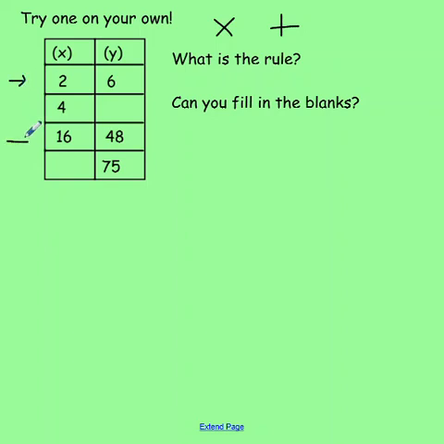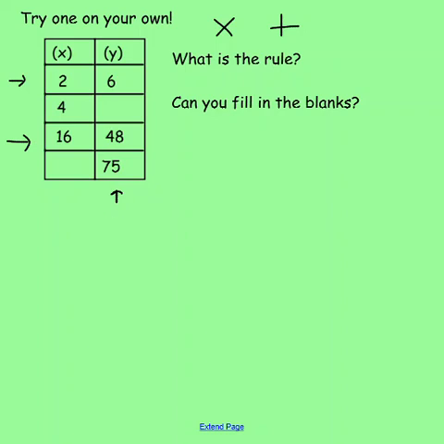Whatever rule these two examples follow is the rule you apply to the 4 and this. This is backwards. You have to work backwards to get that 75. What are they doing in this table? Tell me the rule, fill in the numbers. That's task number 1. Stop the video and complete that.